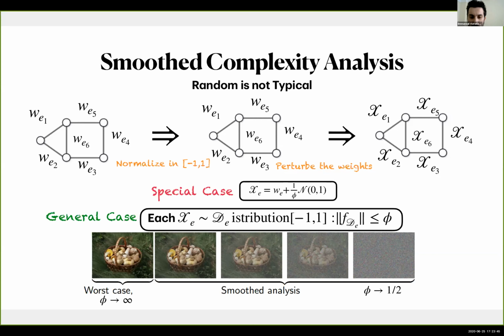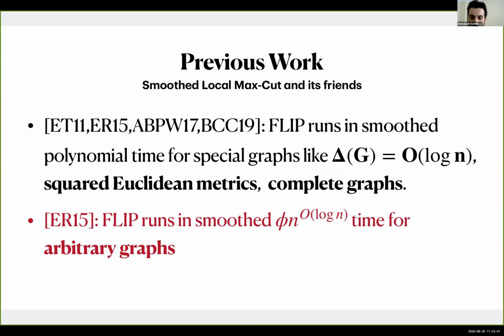For special kinds of graphs, like the sparse ones or fully complete graphs, we know that the flip algorithm runs in smoothed polynomial time. Now, for the case of an arbitrary graph, the best previous result was n^2 log n by Etscheid and Röglin.